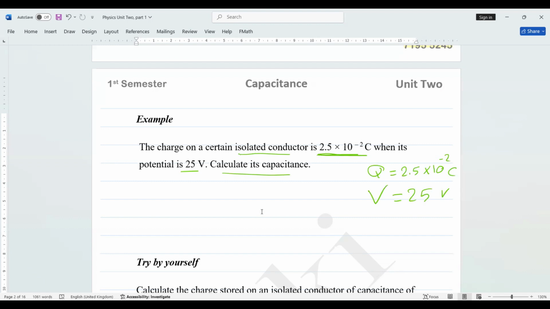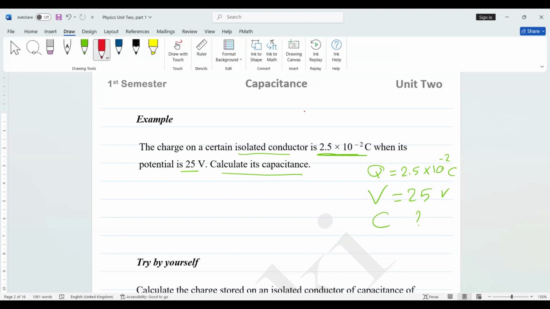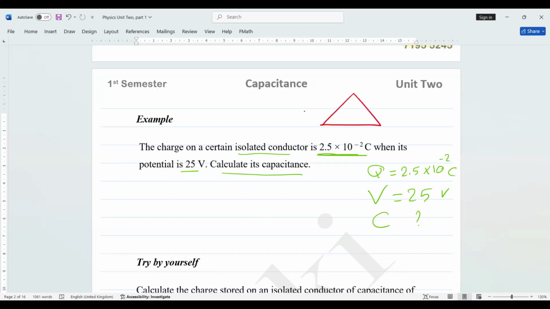Calculate its capacitance, C. Remember the formula. The formula is the triangle Q equals C times V. What do we need? We need C, capacitance. So C equals Q over V.